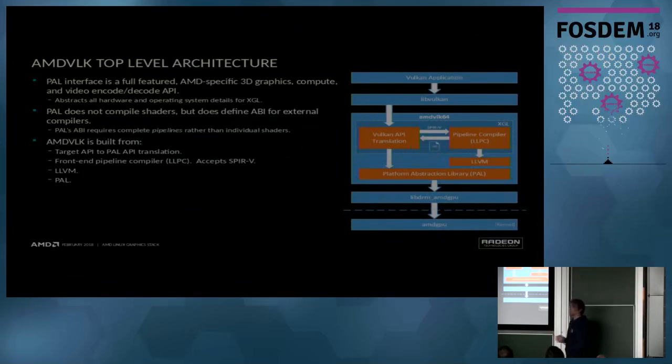And then there is the part called PAL, which again also lives in its own repository. The interesting part is that most of the knowledge about what the hardware actually looks like lives in this PAL component, right? The Vulkan API translation component, of course, also has background knowledge about the hardware in there. You couldn't just take that and use it, I don't know, for an Intel Vulkan driver. That wouldn't make sense. But most of the hardware details are down there or in the shader compiler or pipeline compiler, as it's called here.